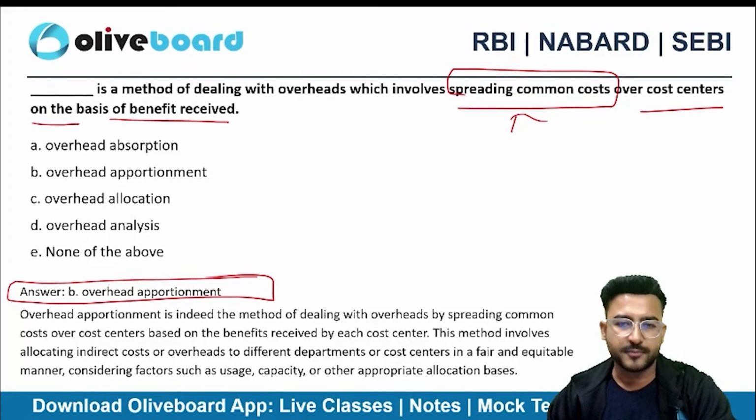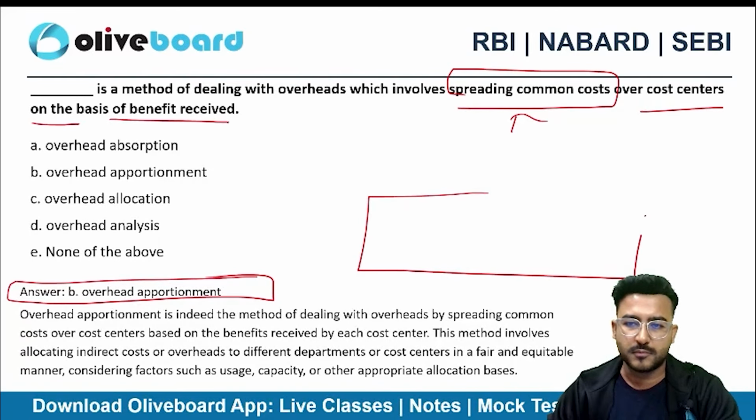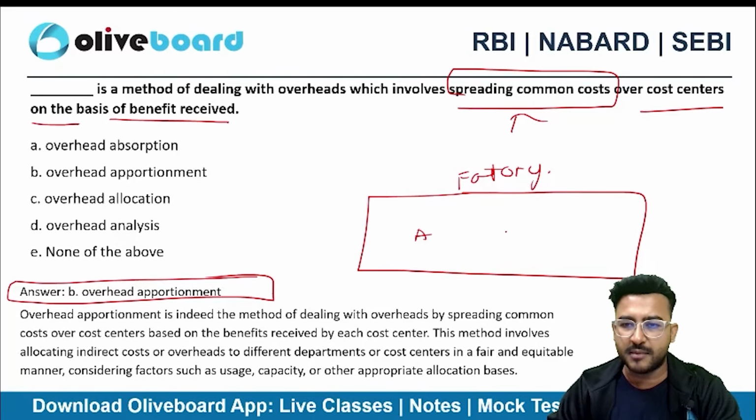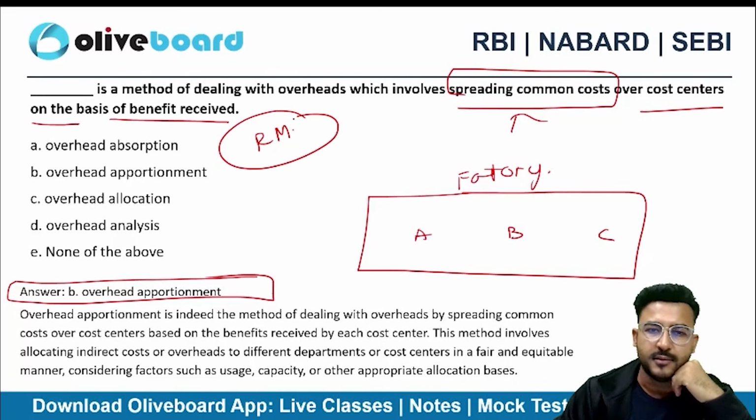For example, I have a factory in which I produce A, B, and C material. So let's suppose I bought raw material worth rupees 100.